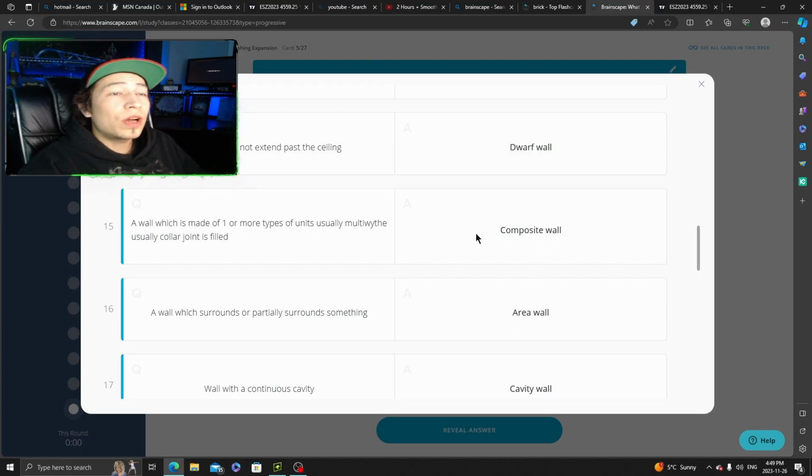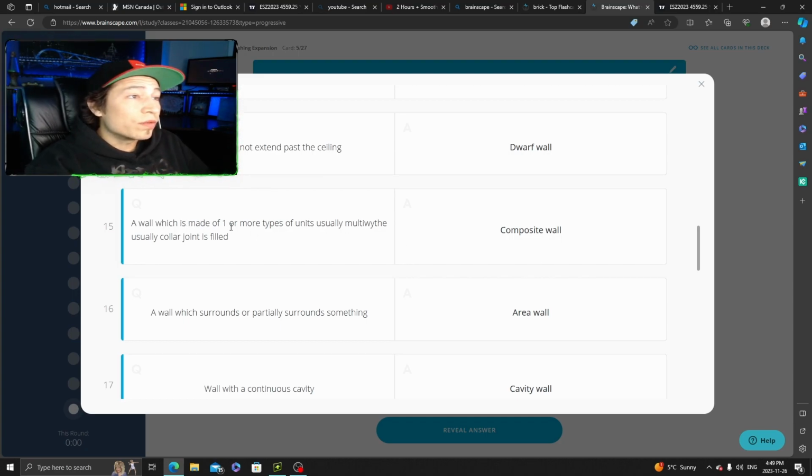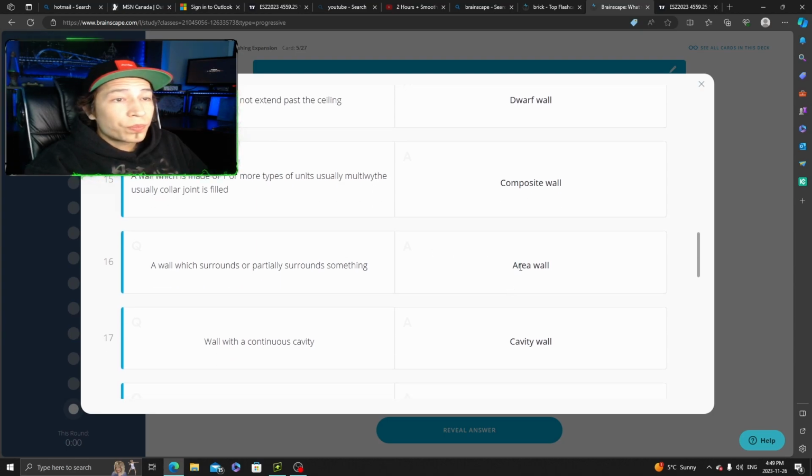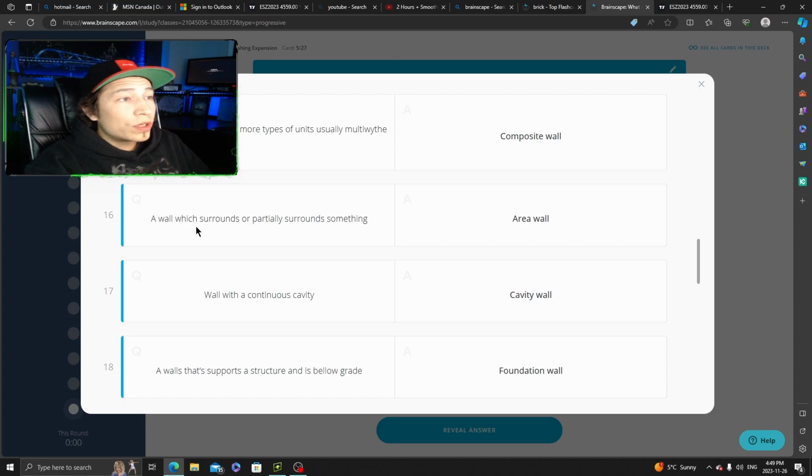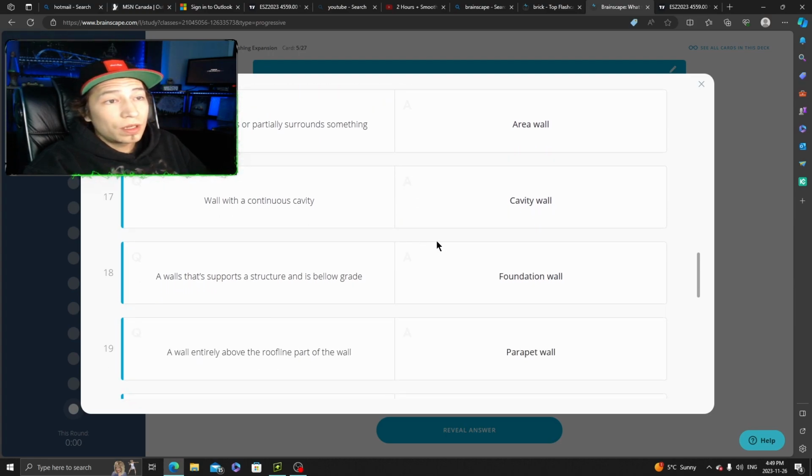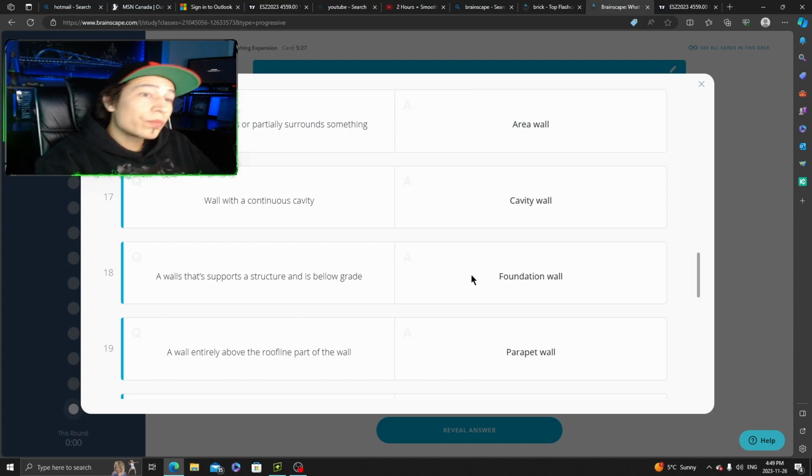Composite wall. So a composite wall, in case you don't remember, is a wall which is made of one or more types of units, usually multi-wythe. Usually a collar joint is filled. Area wall. A wall which surrounds or partially surrounds something. So an area wall is a wall which surrounds or partially surrounds something. Cavity wall. A wall with a continuous cavity. So a cavity wall is a wall with a continuous cavity.